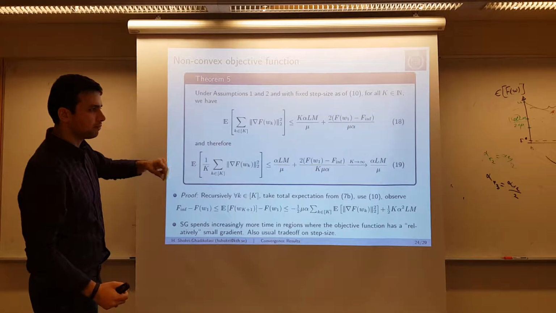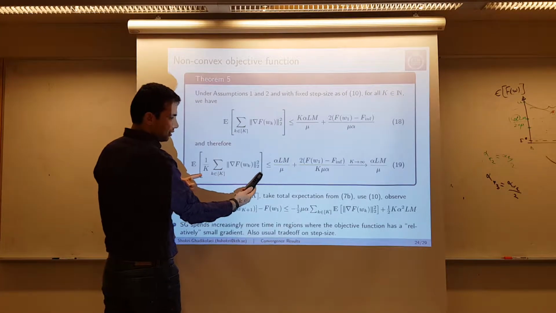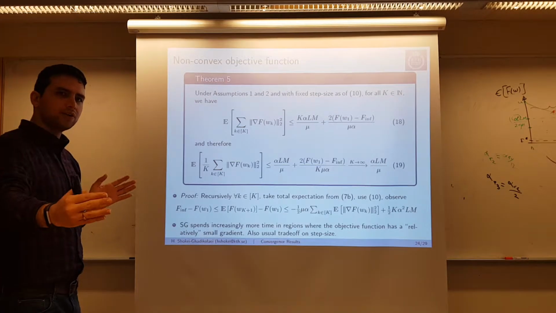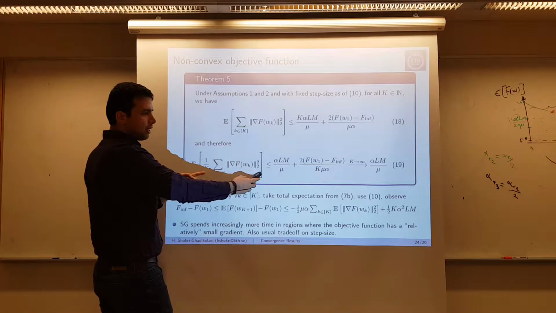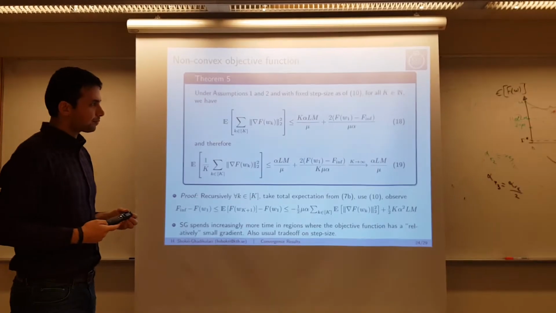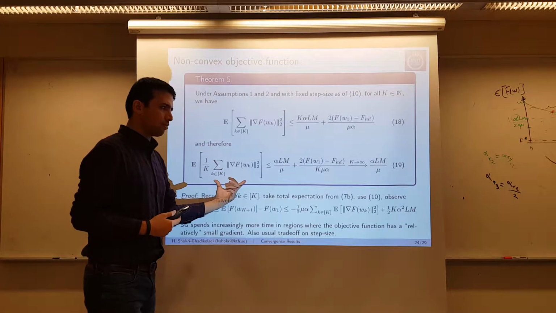Just focus on equation 19. It says that the average of the norm of the gradients over the first capital K iterations will be upper bounded by something. Why is this important?